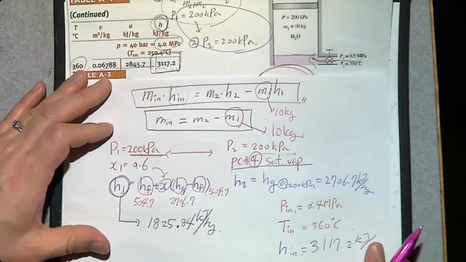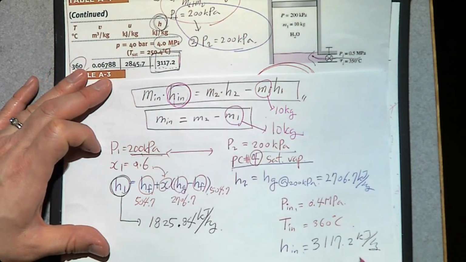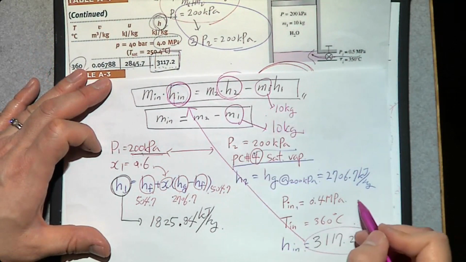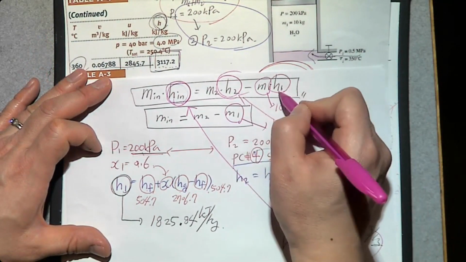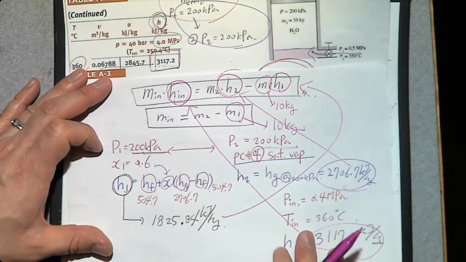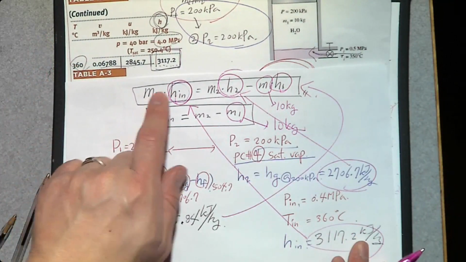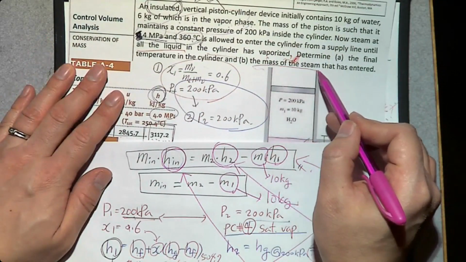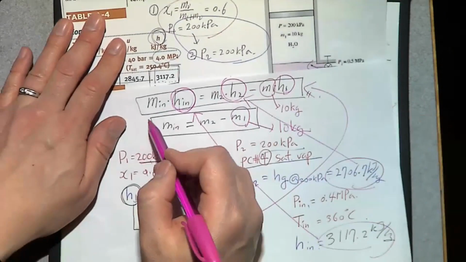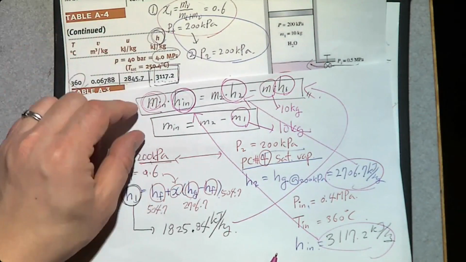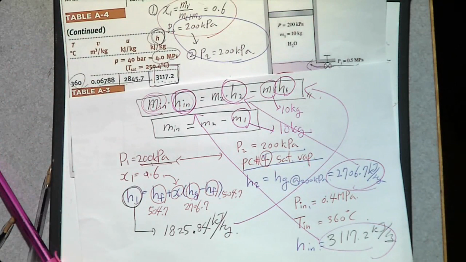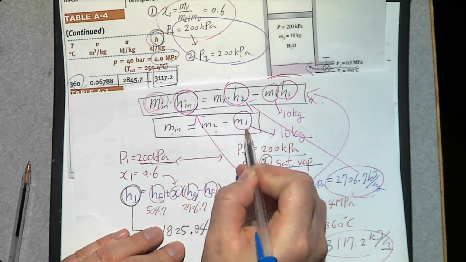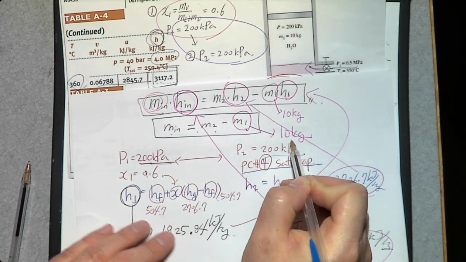Then we have everything. H in is this number right here. H2 is this number right here. H1 is this number. So we have everything but M in and M2. So what do we need to determine? We want to determine the mass of the steam that has entered. So M in can be found from these two equations. Basically, M in is M2 minus 10 kilograms.